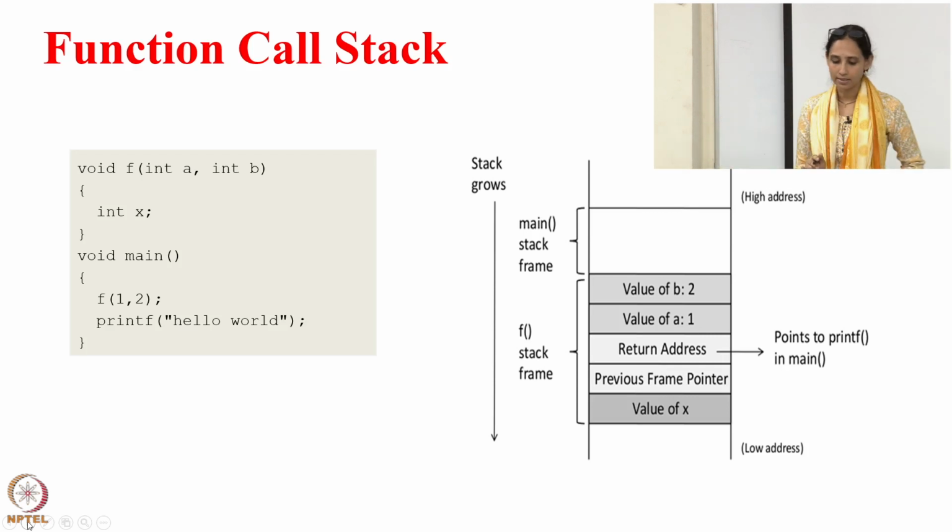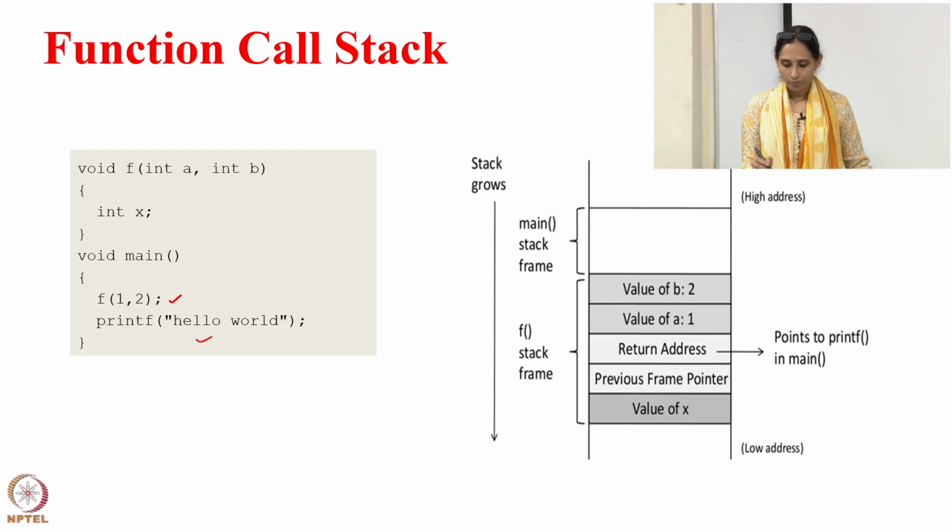So, in this case, there is a main function which is calling another function called f with 2 arguments, and then there is a printf. Okay. So, this stack will have this portion corresponding to the main stack. Again I am not getting into it, but let us focus on the f stack. So, this is the f stack.